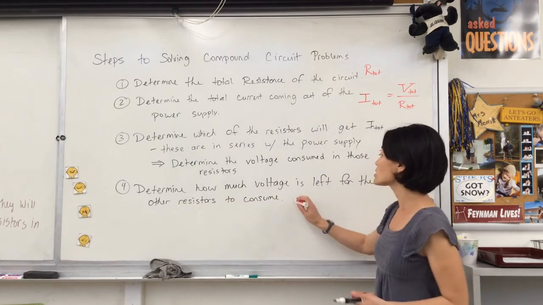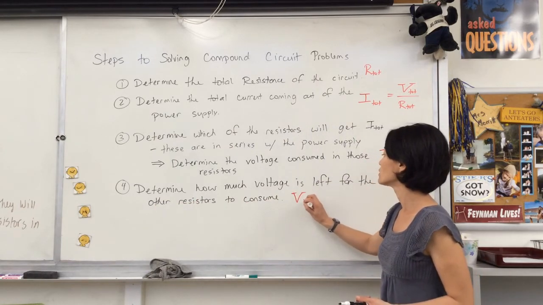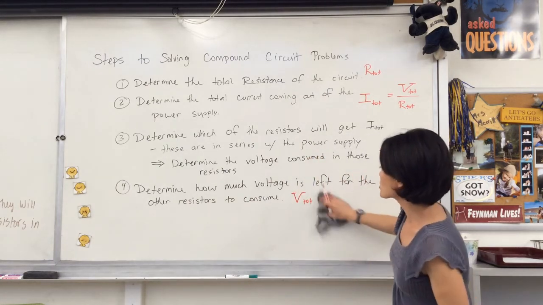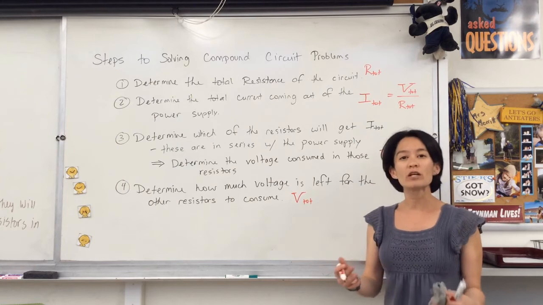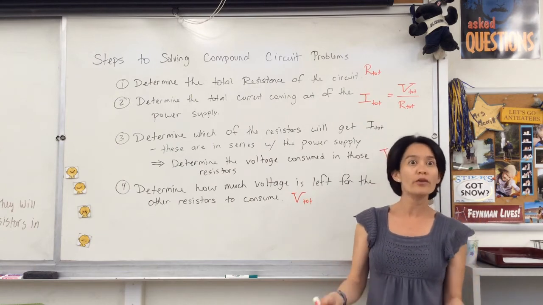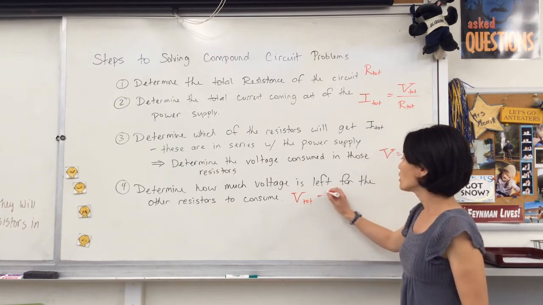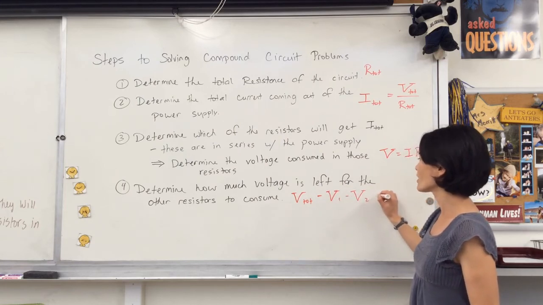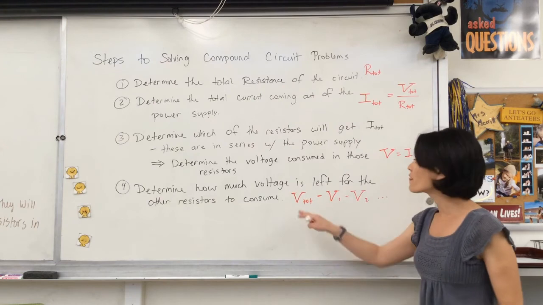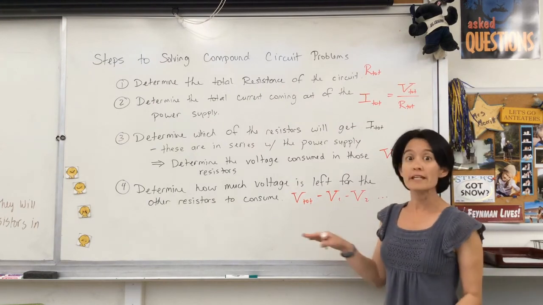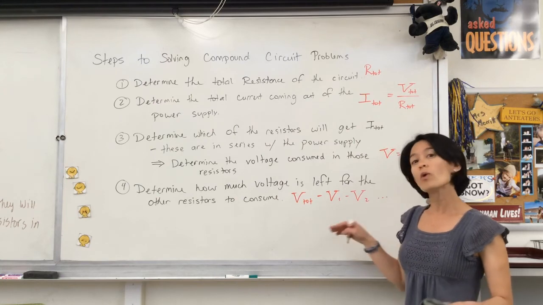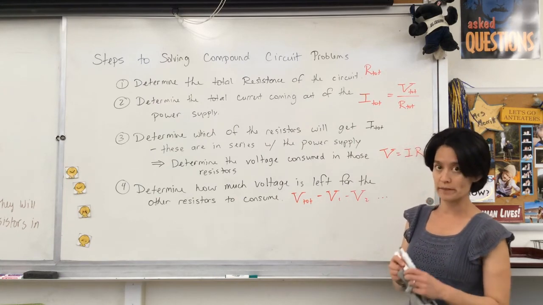I'm going to start with some total voltage, and then I'm going to lose some voltage to other resistors. So it may be that I'm subtracting 1 or 2 or however many. And this is very case specific. So this is not a one-all-be-all. This is, well, what does it look like for this particular circuit?